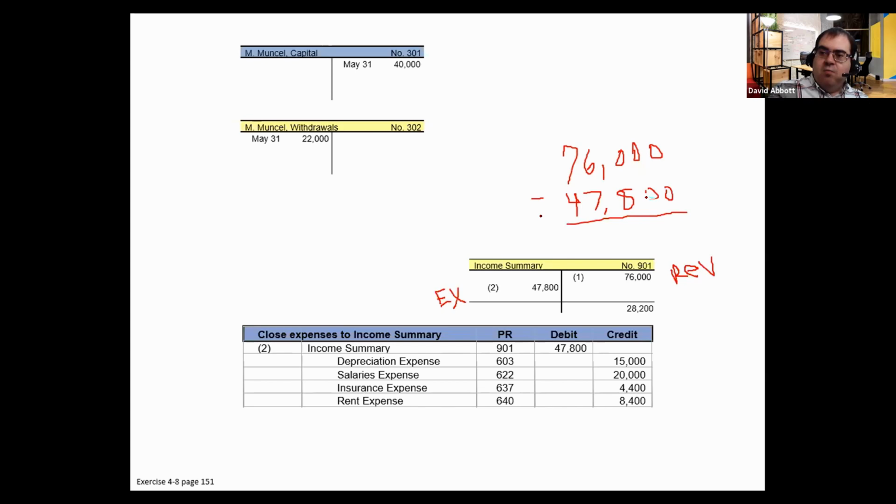Our revenue minus our expenses is $28,200. That's the next thing that we have to close out. So our net income is $28,200.